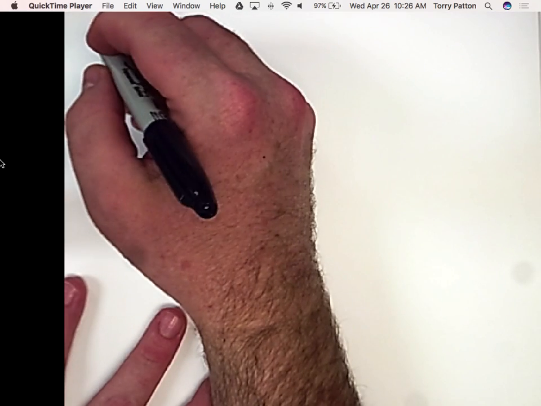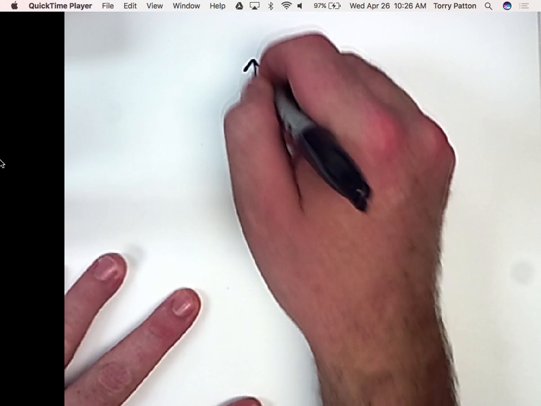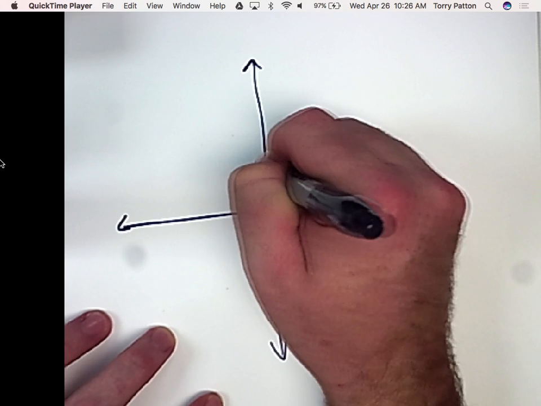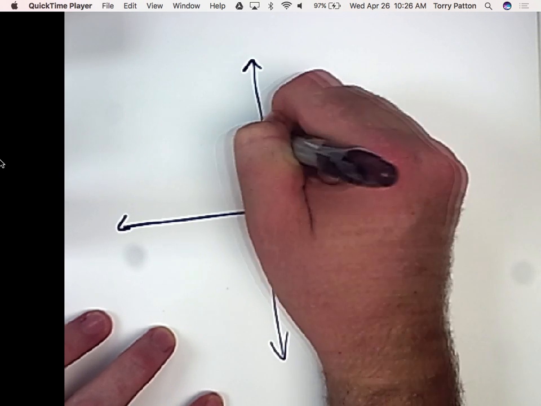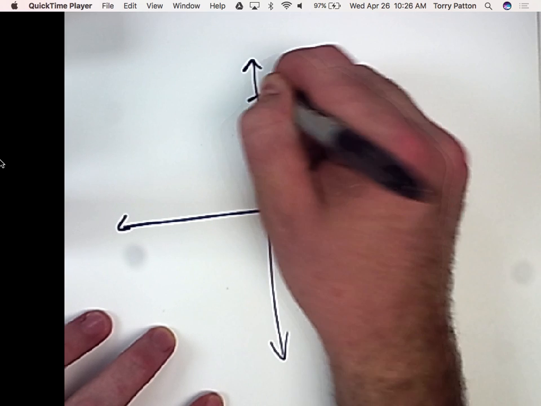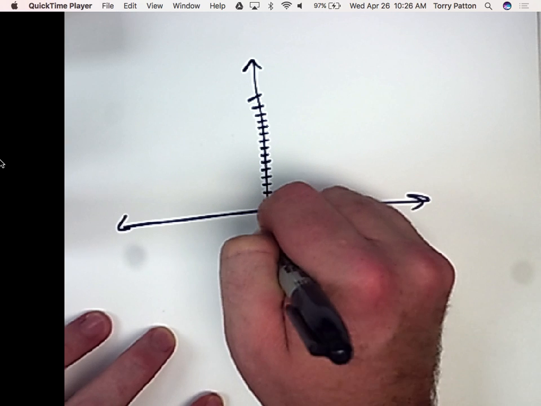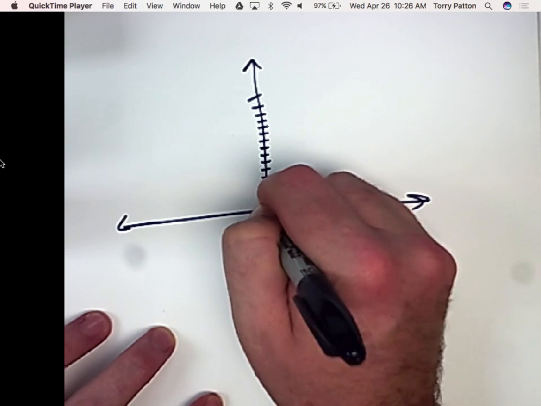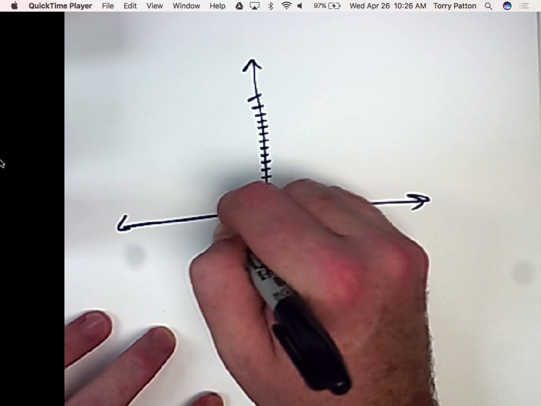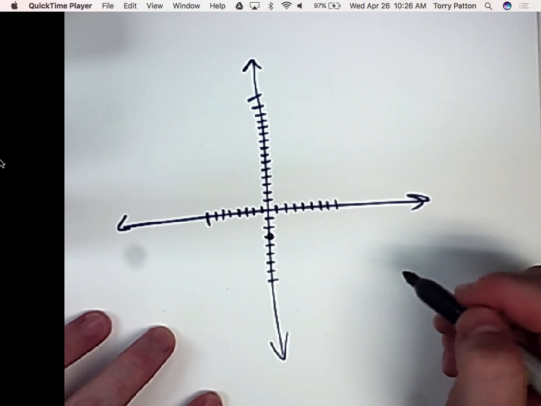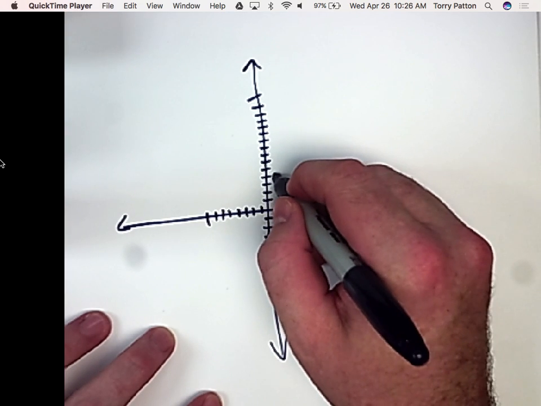Okay. So yeah, what I was going to say here is if you graph these 3 points before we go on to the next one, let's do that. Okay, so we had 0, negative 3. We had 1, 4.